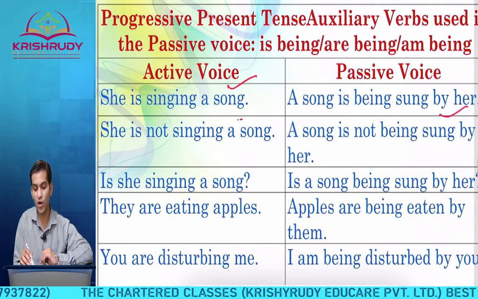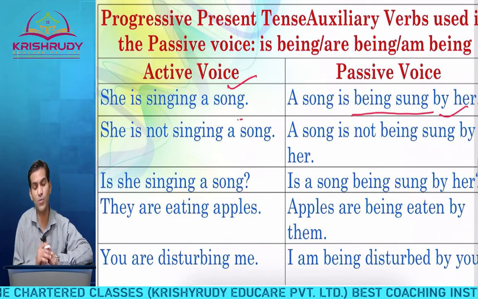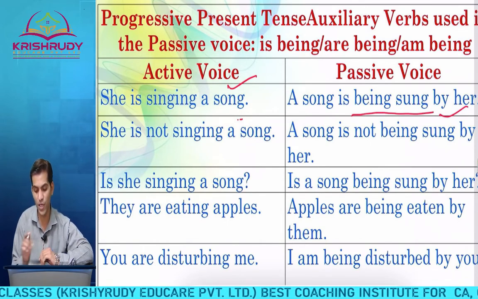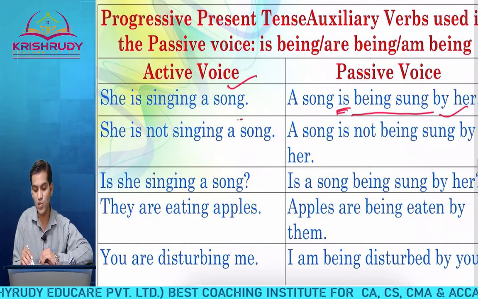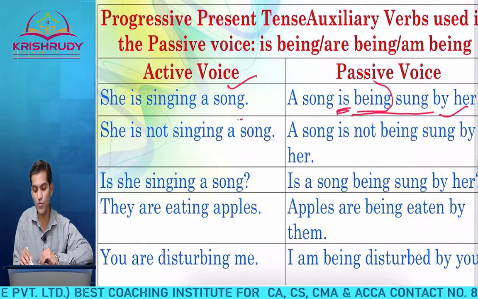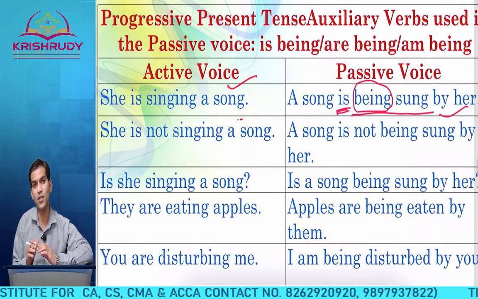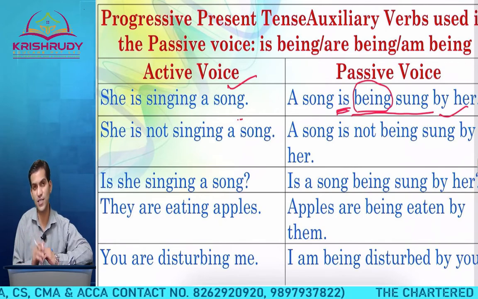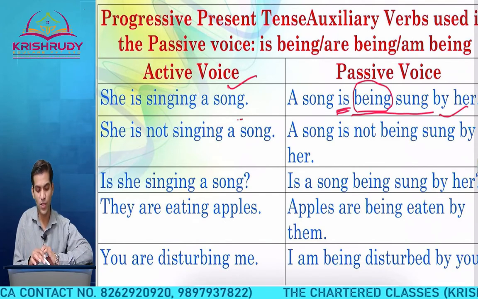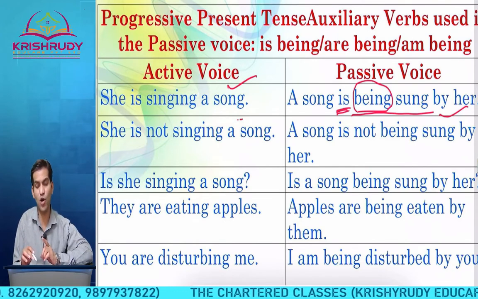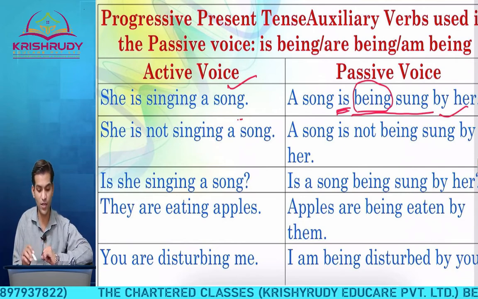So here we are not leaving the rule of be plus verb third form, right? Here be is used, and with be we use verb ing so that we can sustain the tense of a sentence.